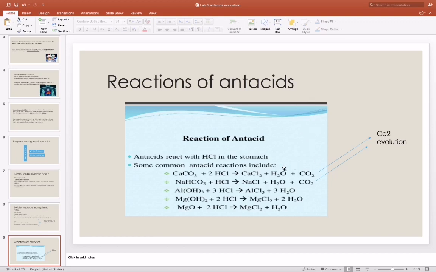In this slide we'll show how the antacids react with the HCl والمعادلات الخاصة بالreaction of antacids with HCl. بالنسبة للfirst two antacids اللي هي الكالسيوم كربونات والصوديوم بايكربونات they will react with HCl causing the evolution of what?